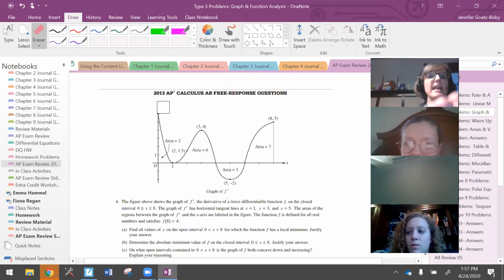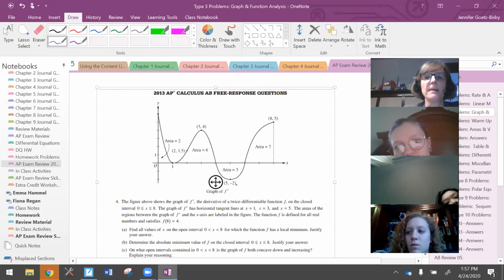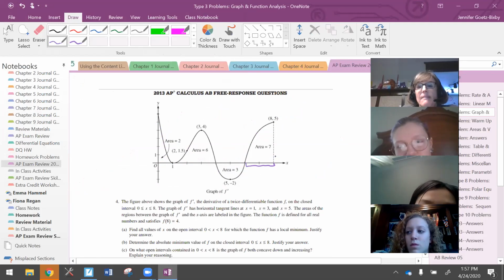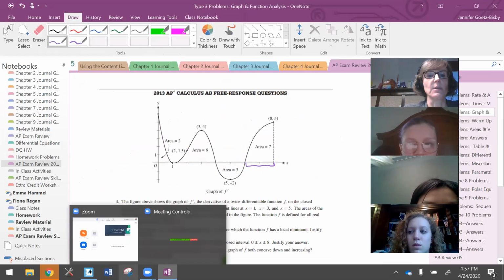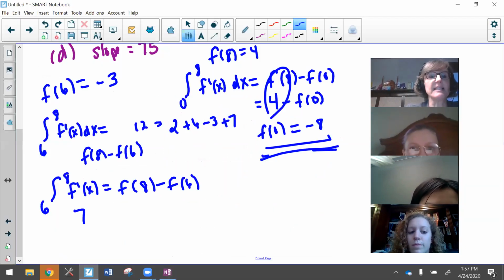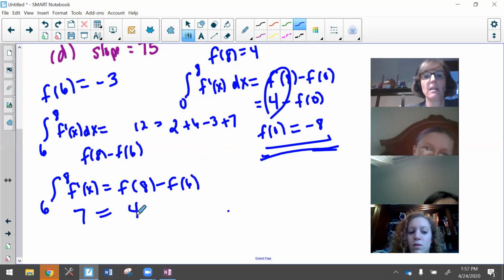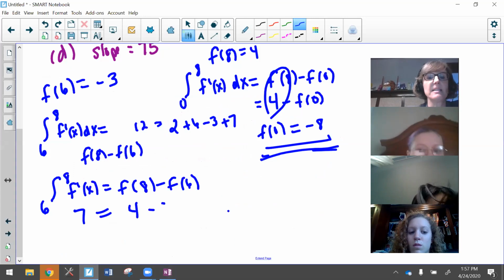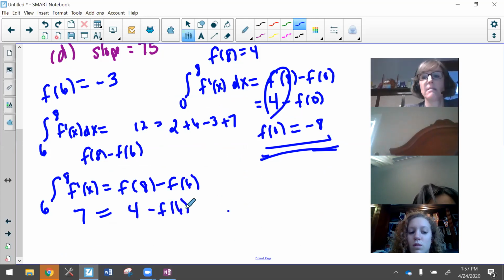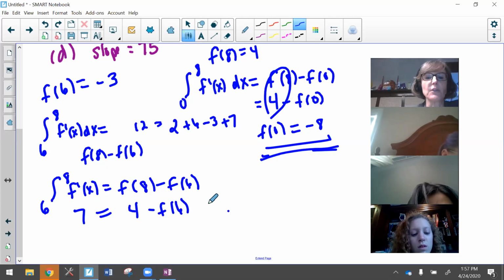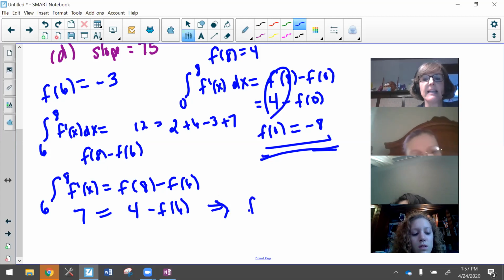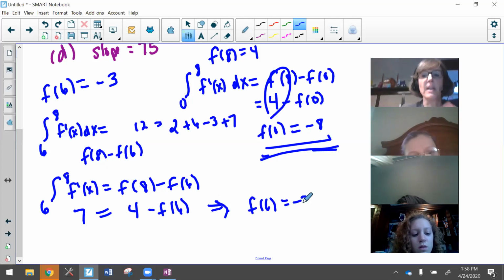But if I just want to take the area from 6 to 8, I know what that is, right? It's positive 7. So if I go back here, this side is 7. I know that f of 8 is still 4 minus f of 6. And you can do all the algebra, but when you look at it, f of 6 needs to be negative 3.